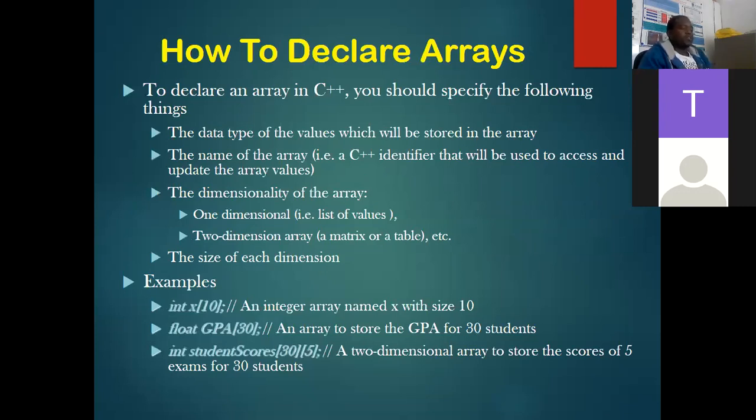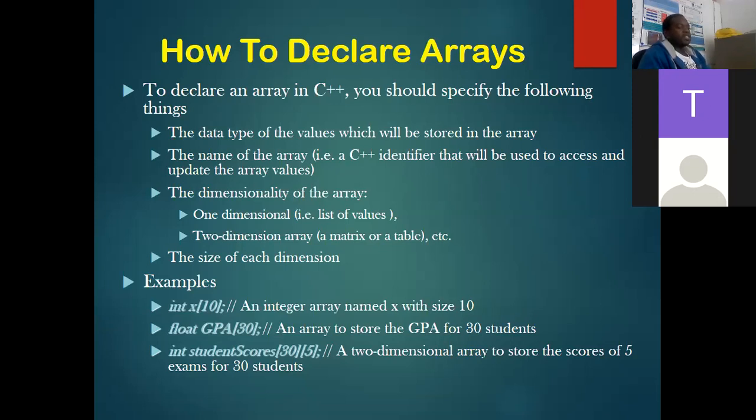So what we need to specify when you are declaring an array is the data type of the array, that is the values which are stored there. Then the name of the array, you just use any other name, but we said it's advisable that you use a name which will remind you about what is in that array.